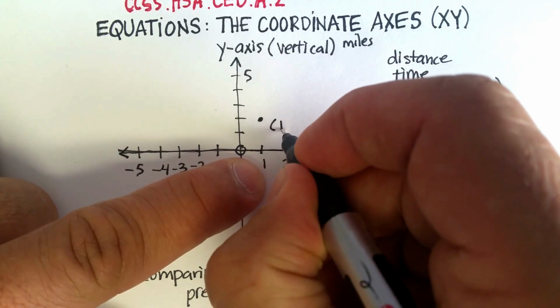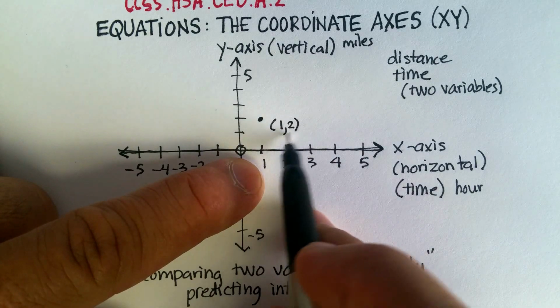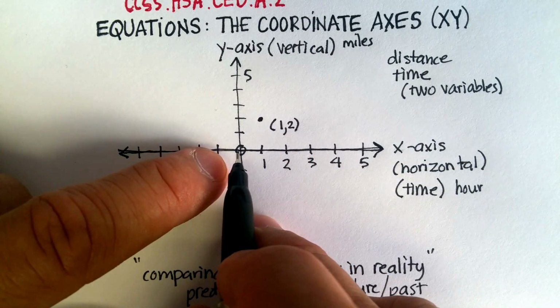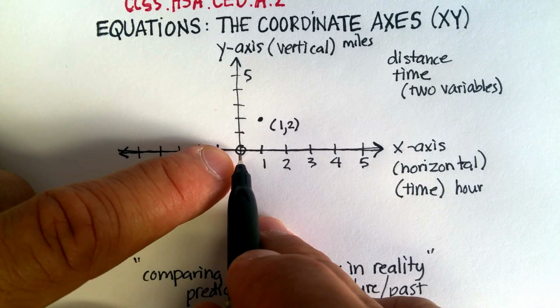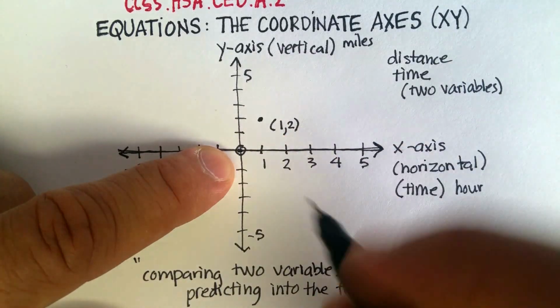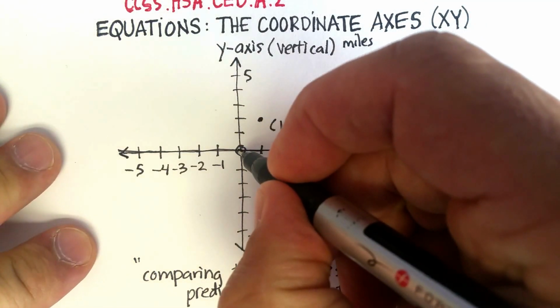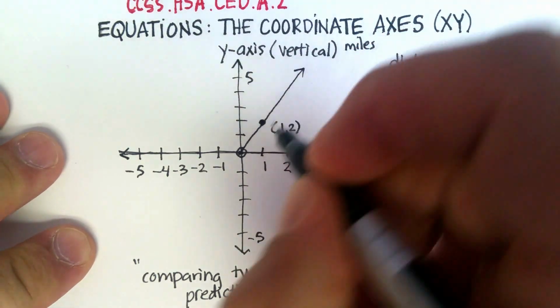So the coordinate would be 1 hour, 2 miles, and there's the description of that car. Now, at the very beginning, when there has been no time, the car hasn't traveled any distance, so it's at 0, 0. Now what I can do is actually draw a line through that point.